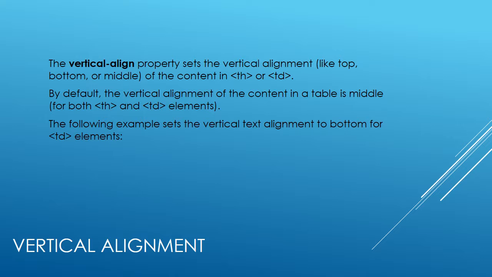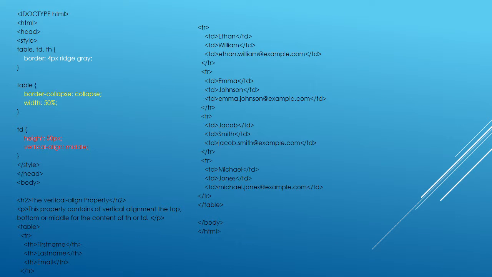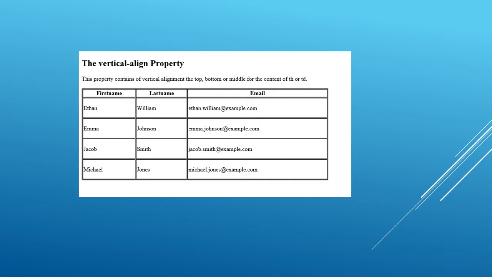The following example sets the vertical text alignment to bottom for td elements. Example of vertical alignment. The vertical-align property. This property sets a vertical alignment, top, bottom, or middle, for the content of th or td.